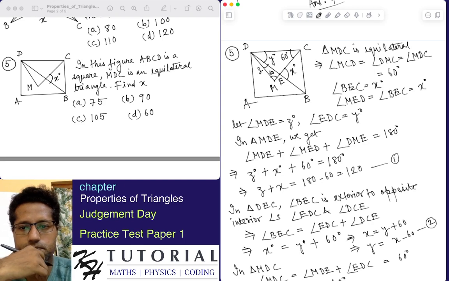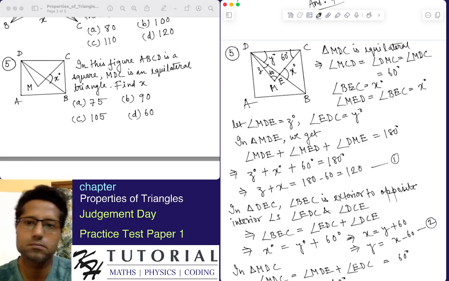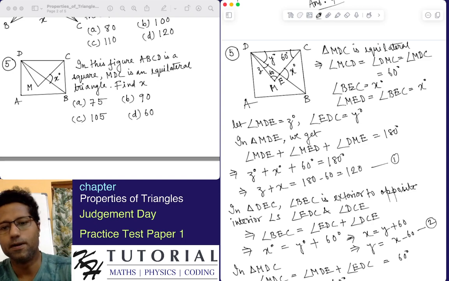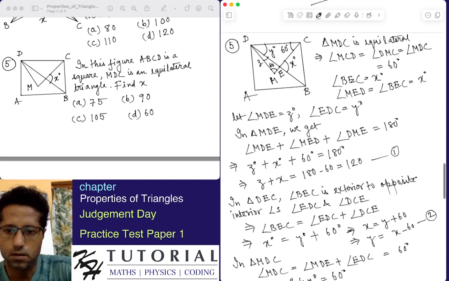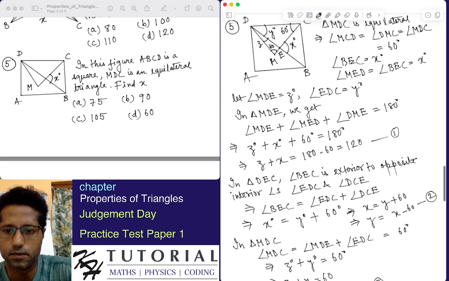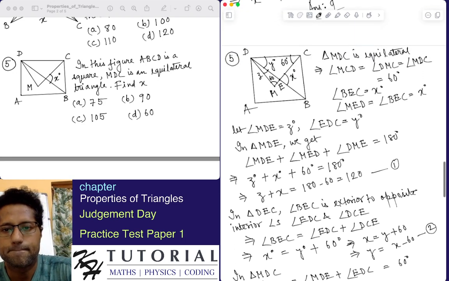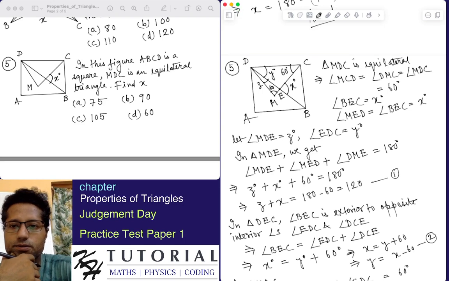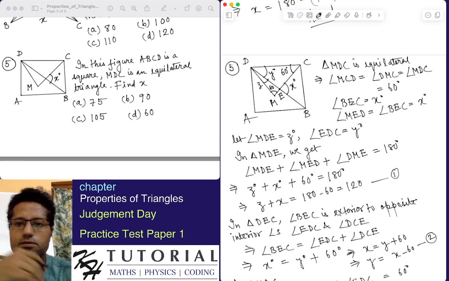Z plus X plus 60 is equal to 180 degrees. We have found this. And Y plus Z is 60 degrees. We have found this. MDC is an equilateral triangle. What can we say?